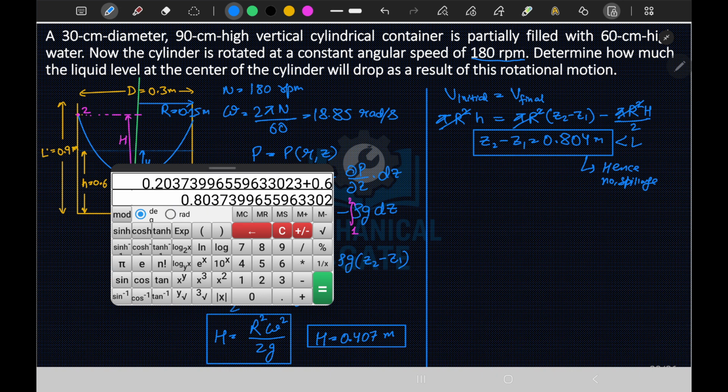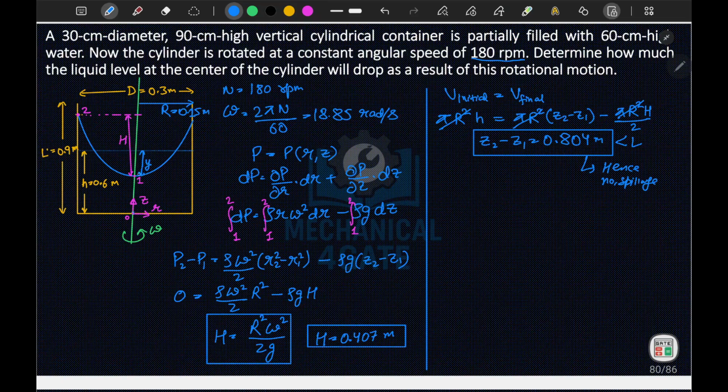Since there is no spillage, if I want to calculate y, I can write z2 minus z0 is equal to capital H plus small h minus y.